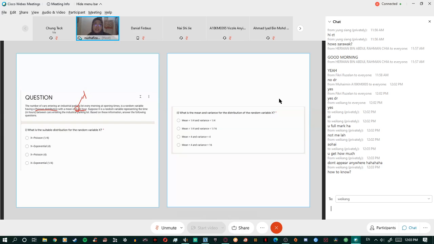If it is already stated that 4 per hour is for the Poisson distribution, that means this 4 is the lambda for Poisson. So your X is Poisson with lambda, like that.